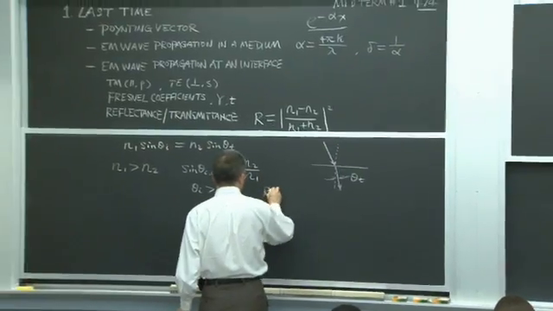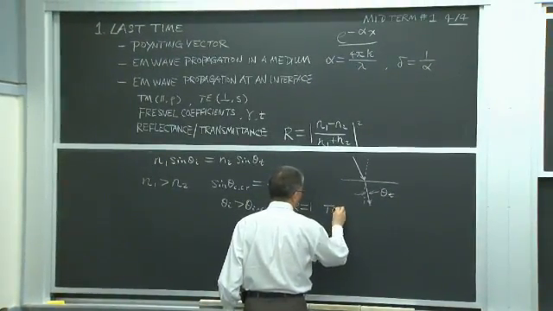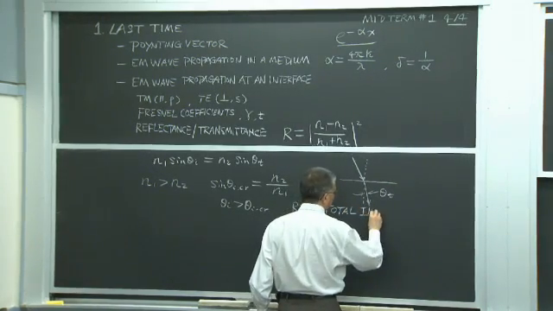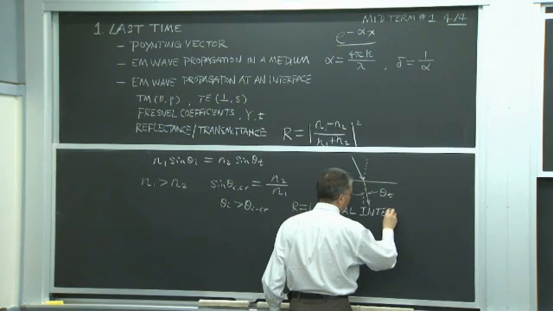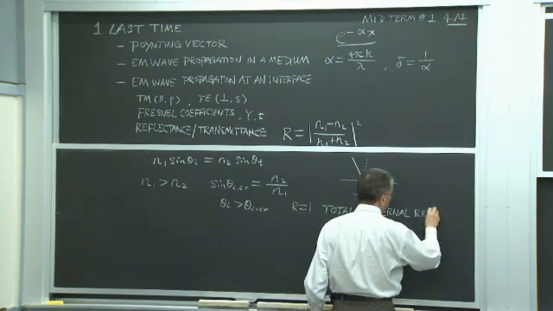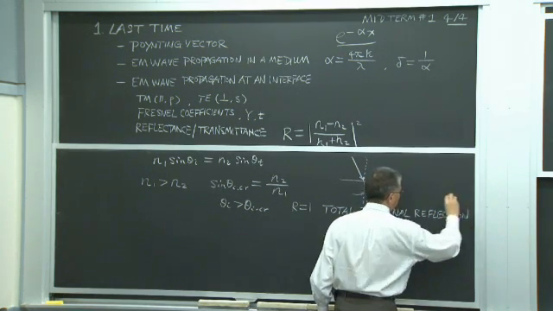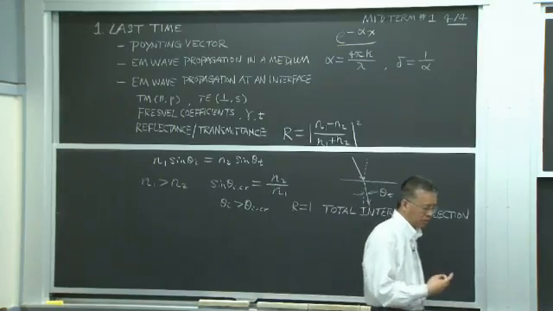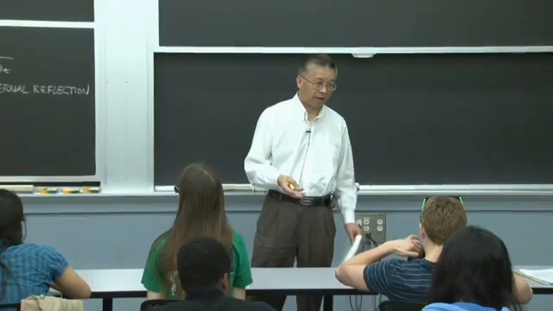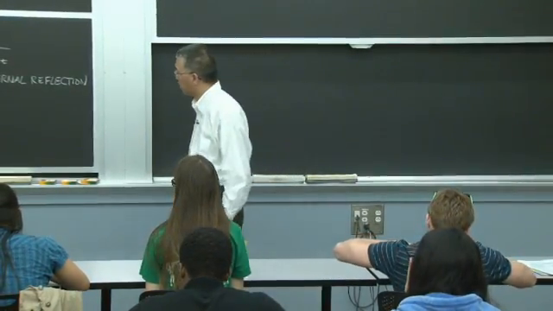So R equals 1, and that's total reflection, sometimes called total internal reflection, right? Internal means, for example, if you go from inside the glass into air, the light is confined in the glass.